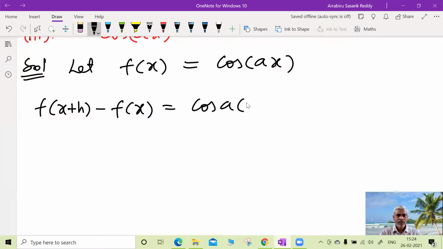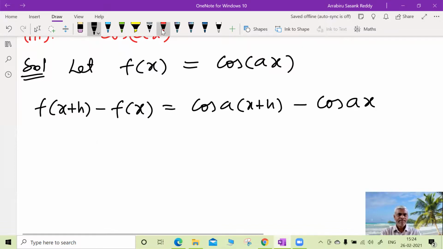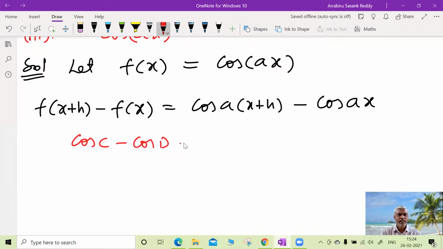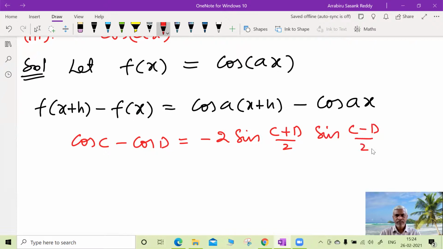Cos a into x plus h minus cos ax. From trigonometry, cos c minus cos d equals minus 2 sin c plus d by 2 sin c minus d by 2.